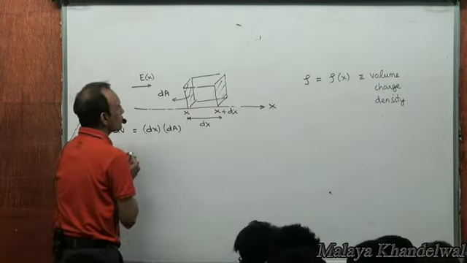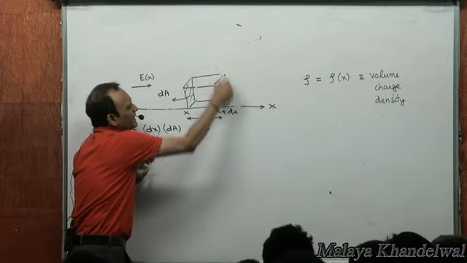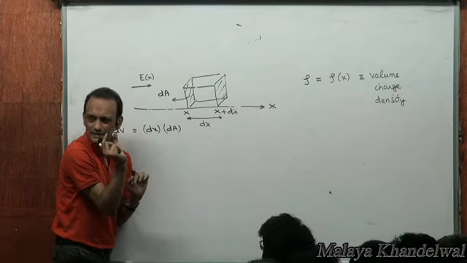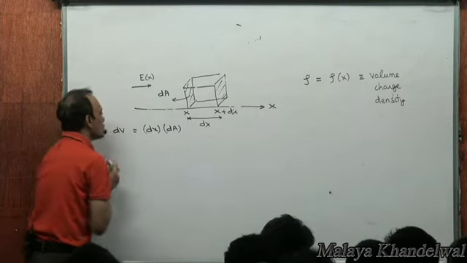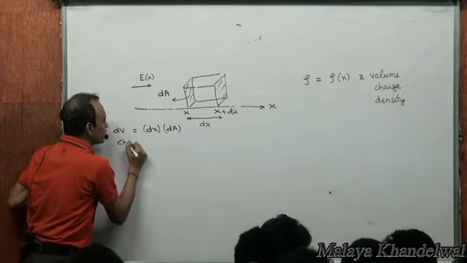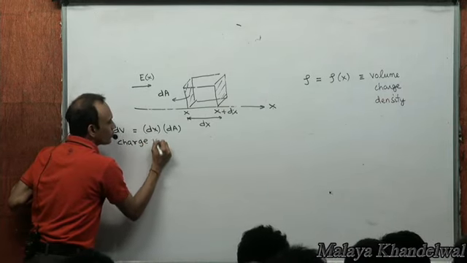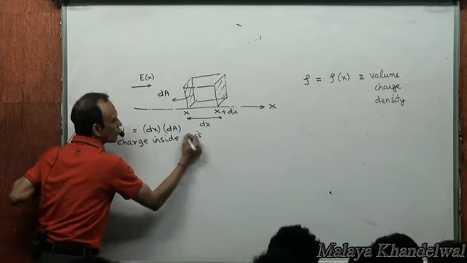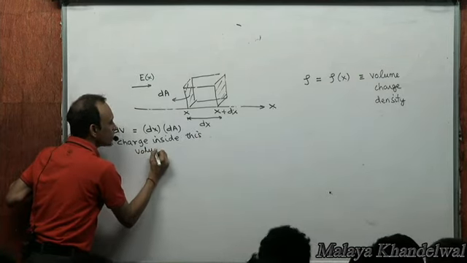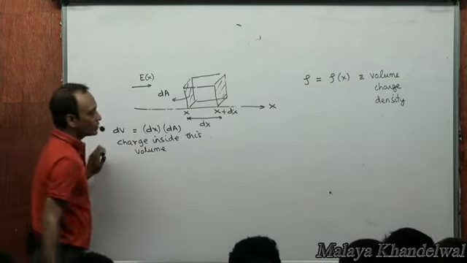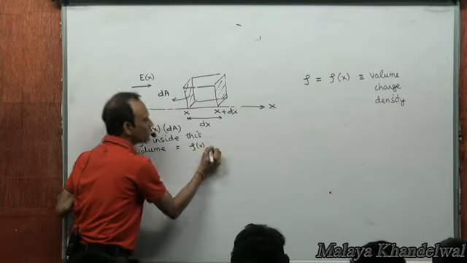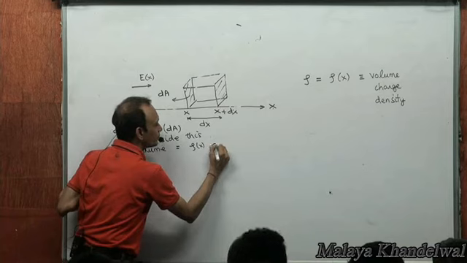Now, this entire thing is as if it's only at x. So the charge inside this volume would be the volume charge density rho at x into this volume dV.